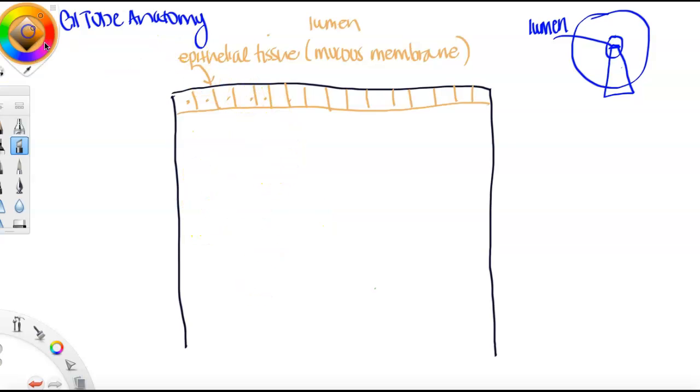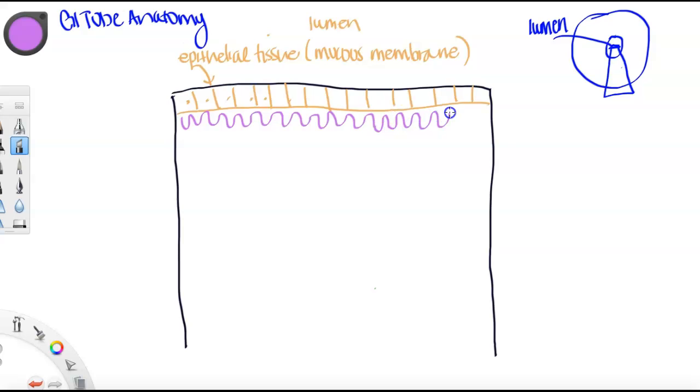So under that is going to be a layer of loose connective tissue, which is the lamina propria.